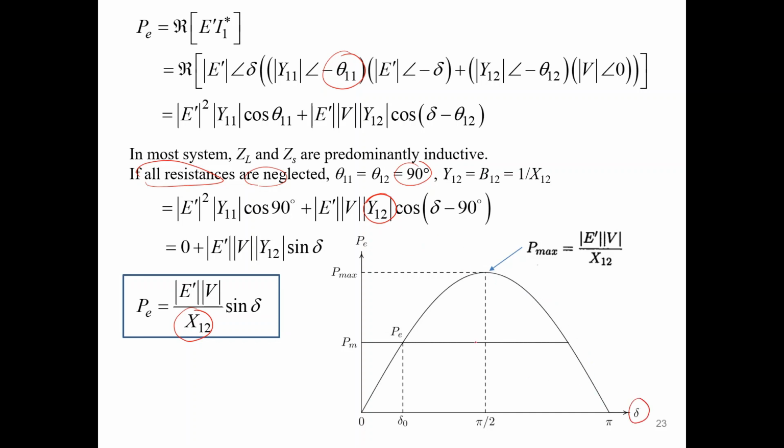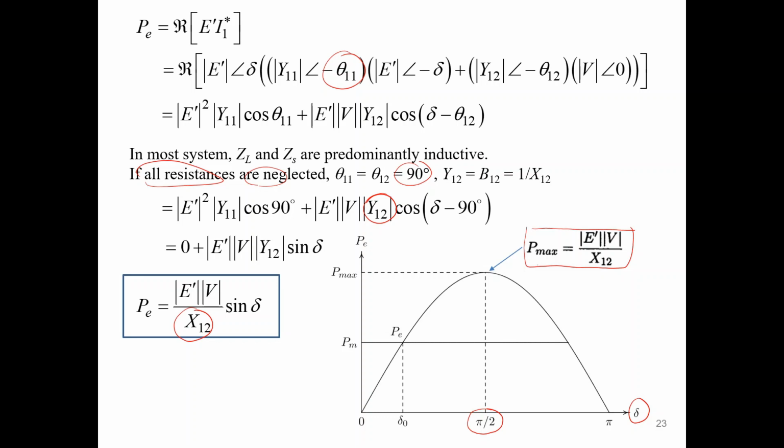Now you see the maximum angle of delta which is possible gives the maximum power of EV divided by x12. This is the maximum power transfer between the generator and the load, the infinite bus.